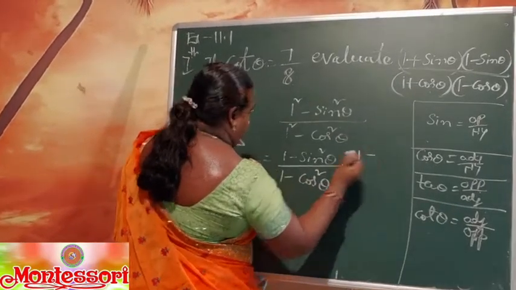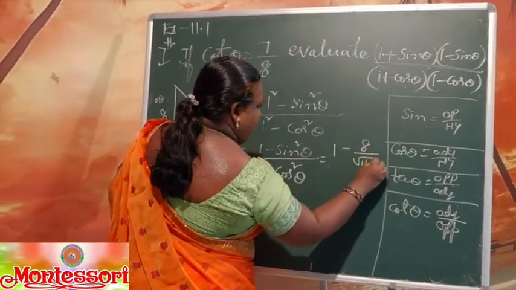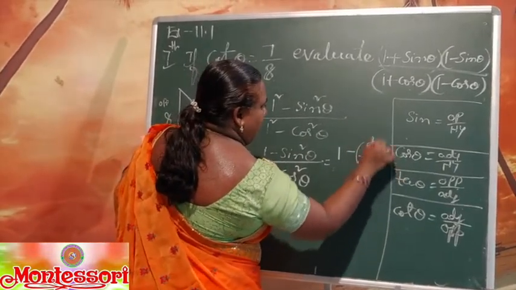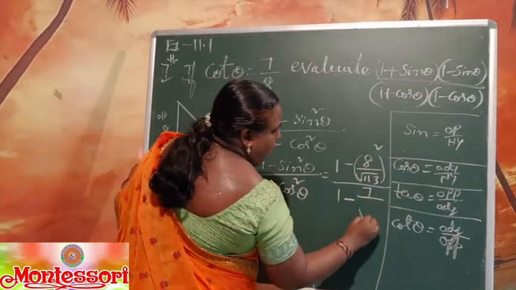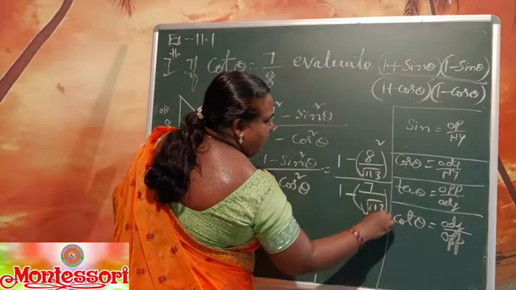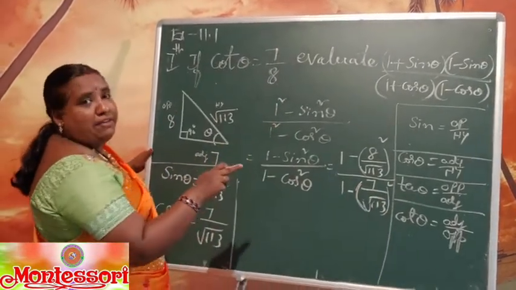Now you substitute. That is 1 minus, what is sin theta? 8 by root 113 whole square, by 1 minus 7 by root 113 whole square. So it is very easy if you observe the formula very carefully.